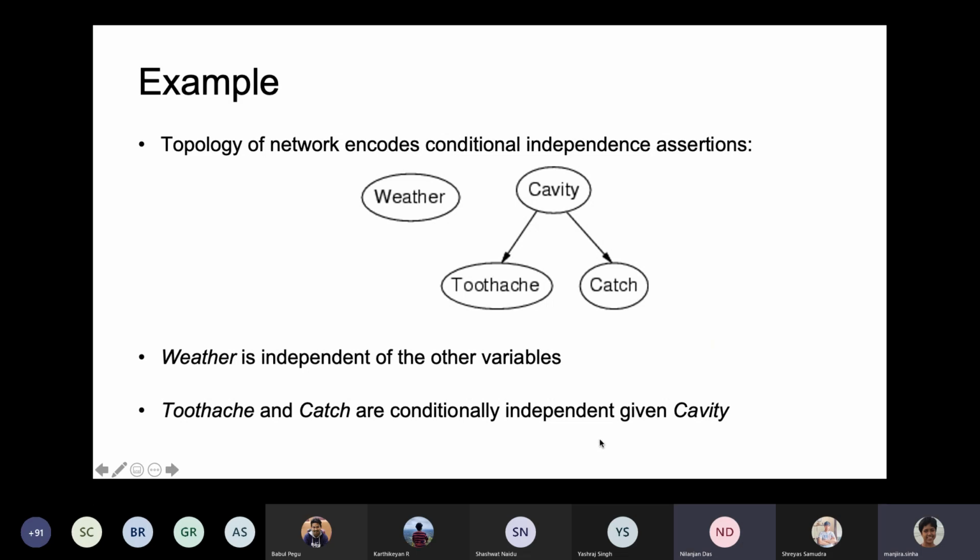Now let us see one example. Say we have some variables like the weather, cavity, toothache, and catch. Now the topology of the network encoding these random variables will look like this.